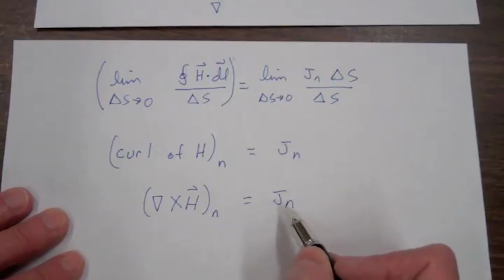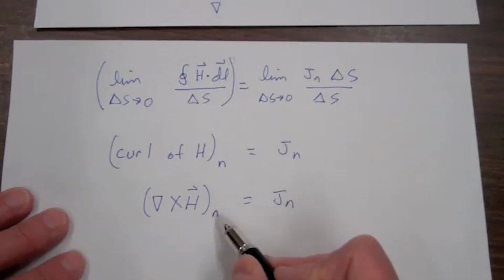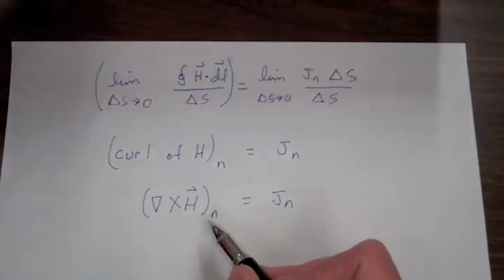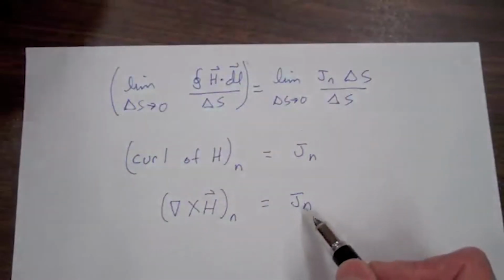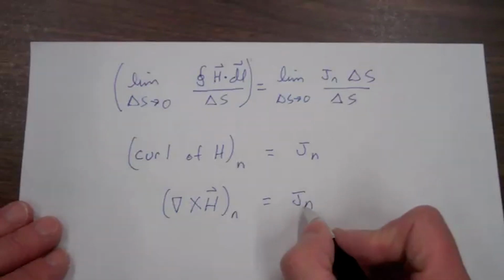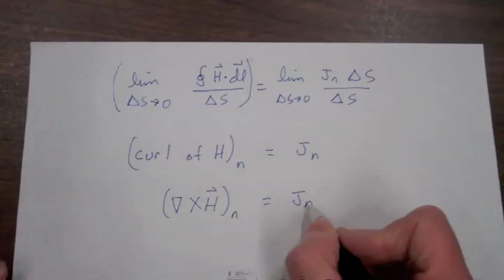Now, if we had oriented our loop such that the unit vector normal to it was in the A sub x direction, we would have found the component of the current density in the x direction.